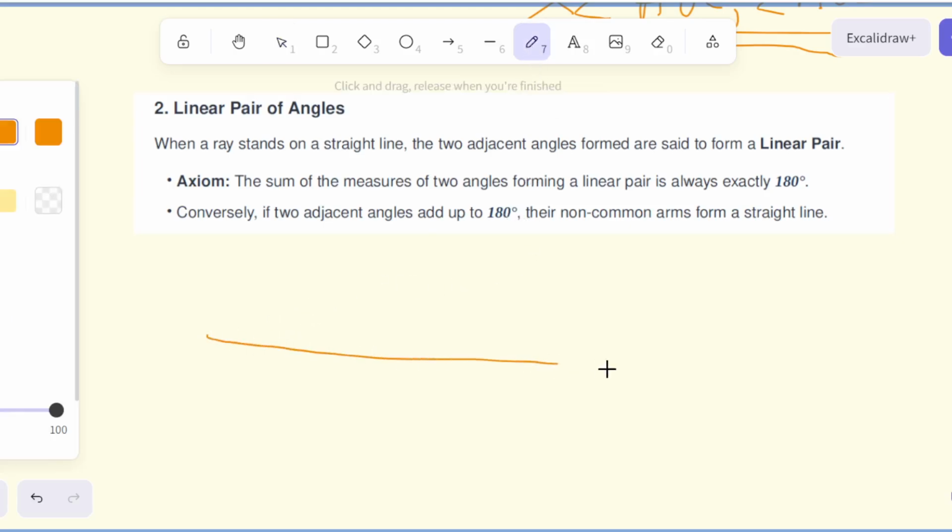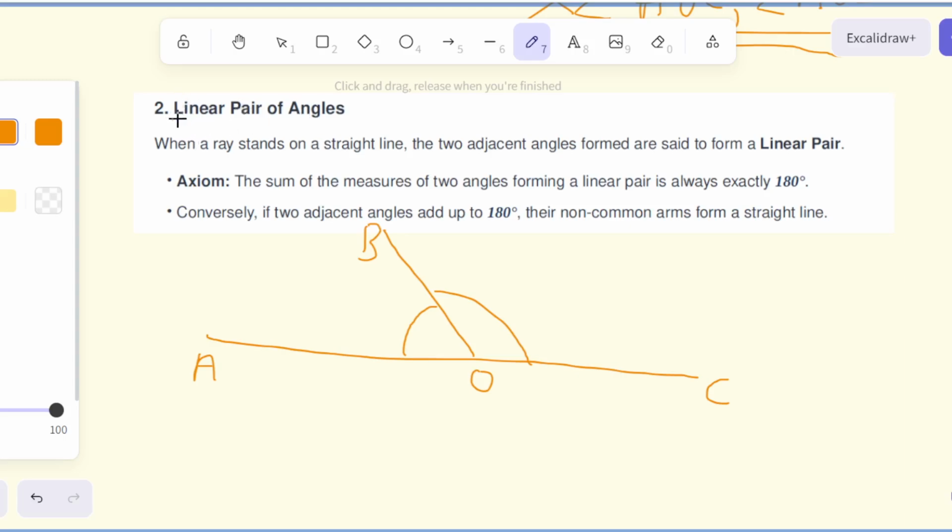If I draw a straight line, I have two angles, AOB and BOC. So AOB and BOC are adjacent angles. But as these adjacent angles are on a straight line, they are known as the linear pair of angles.